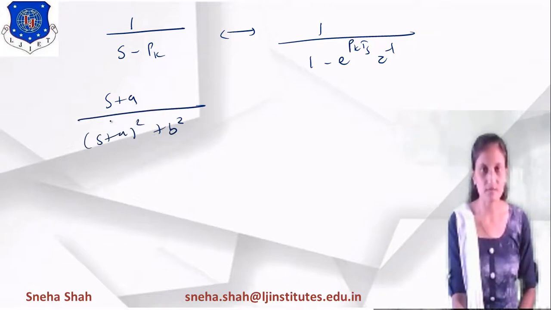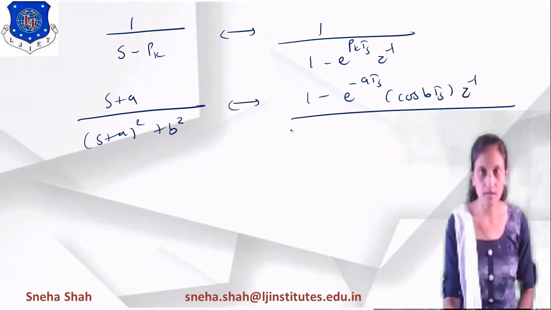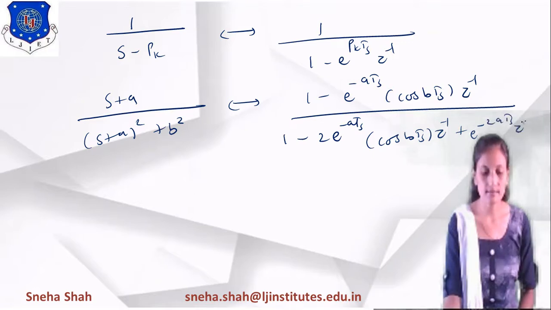This is the equation for cosine, so here we use the cosine term. The digital form will be 1 minus e raised to minus aTs cos bTs into z inverse upon 1 minus 2 e raised to minus aTs cos bTs z inverse plus e raised to minus 2aTs z raised to minus 2.